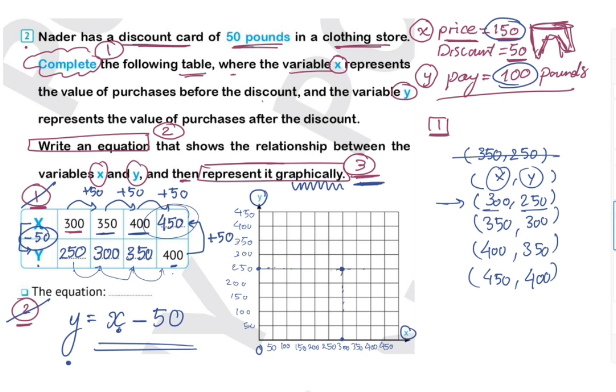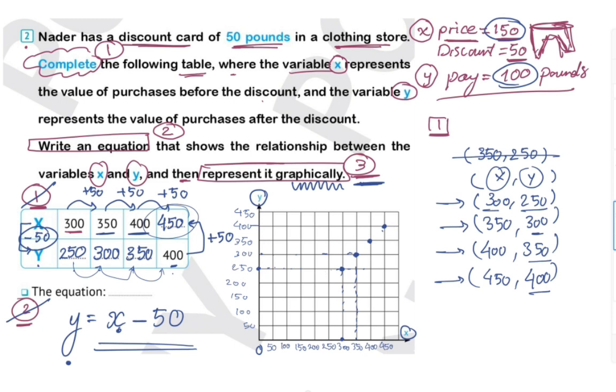So the first point. Next point, 350, go up to meet what? To meet 300. Where's 300? Here. So it will meet here. Third point, 400, go up to meet 350. This point will be here. Last point, we have 450, go up to 400. You will meet each other here.